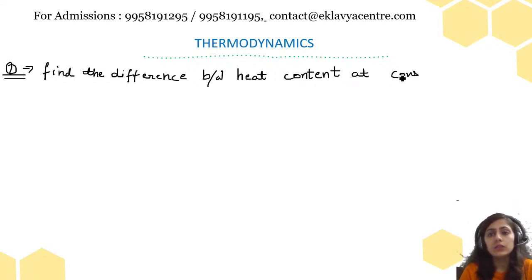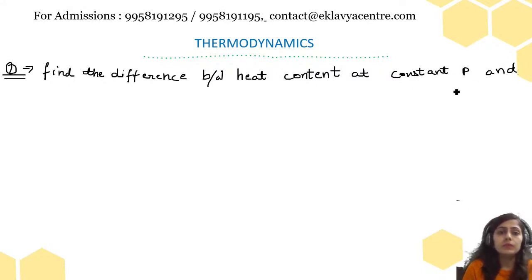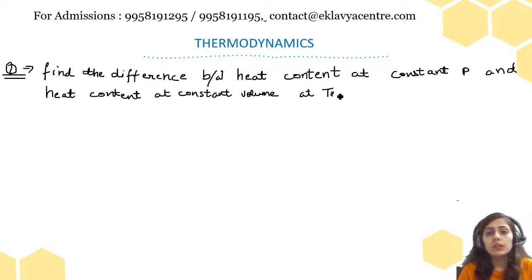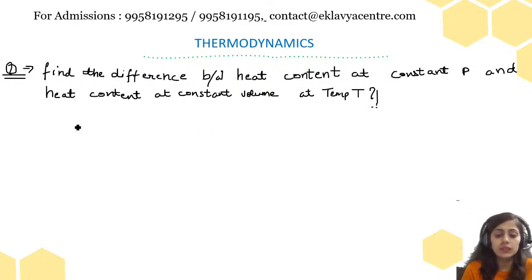and heat content at constant volume. Find the difference between the heat content at constant pressure and heat content at constant volume at temperature T. And the reaction which they have given to us is C3H8, that is propane gas, on combustion.